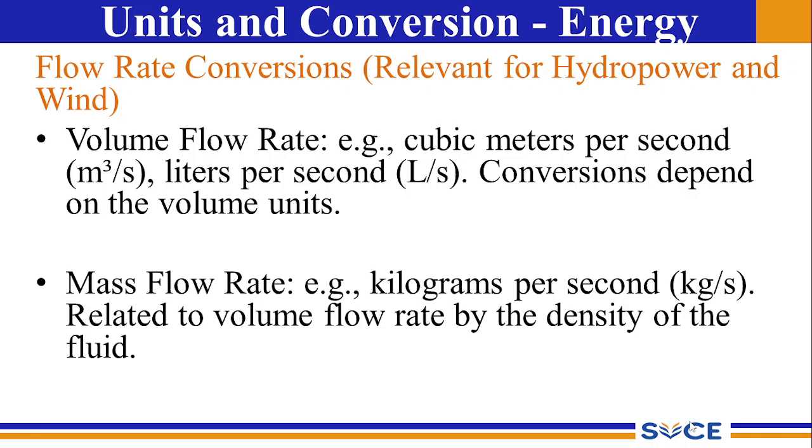Now when you want to convert from volume to mass or mass to volume, your density plays a major role. Multiplying or dividing by the particular density can help you get the alternate unit. This applies to wind, especially wind air flow rate, whereas when it comes to hydropower, it's going to be a volumetric flow rate.